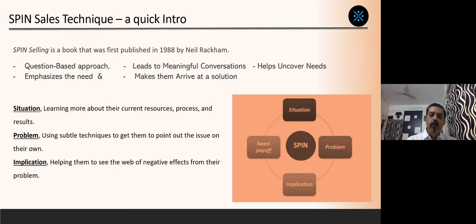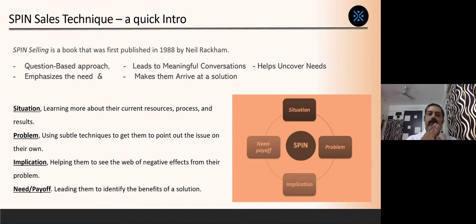And then you go into an implication-based question, right? So how do you actually see or make him realize that because of this problem, he is losing or he's suffering or he is going through a tough time, right? That is making him realize the implication of that problem. And finally, the need payoff, right?